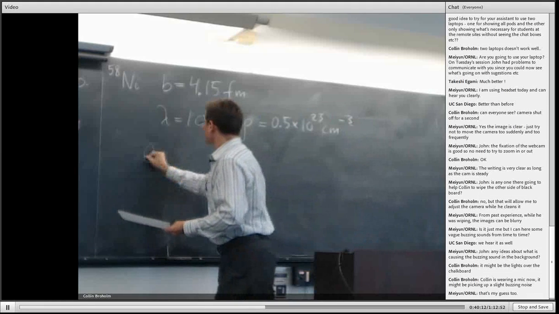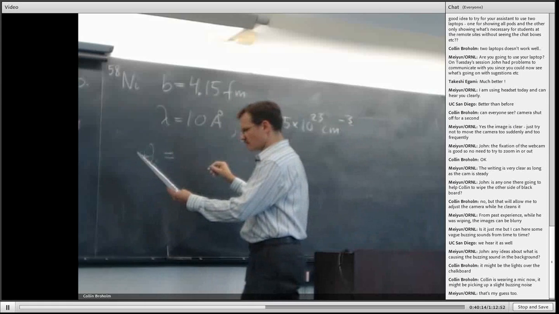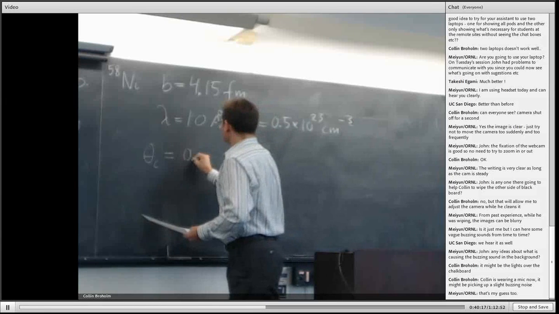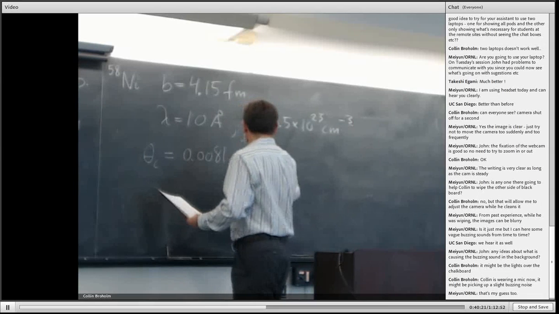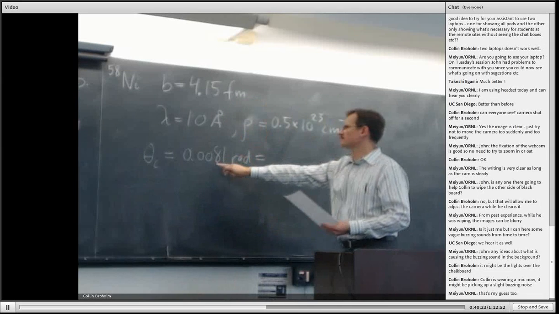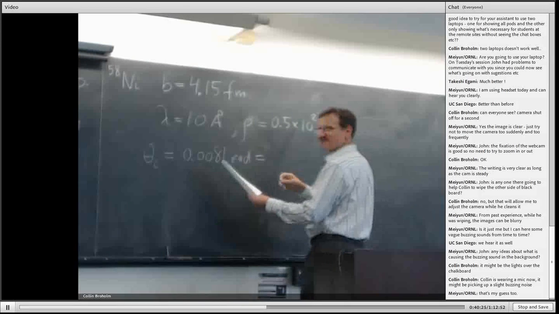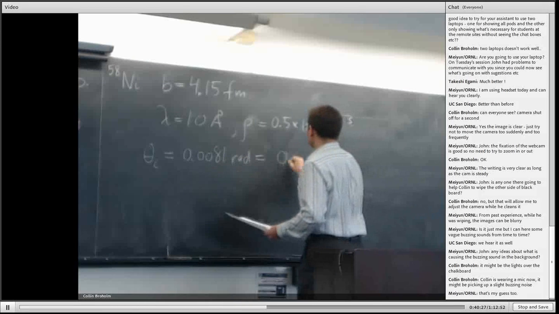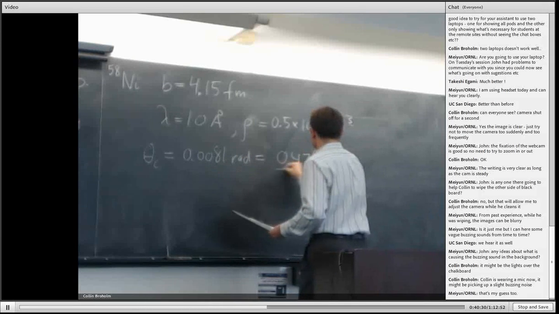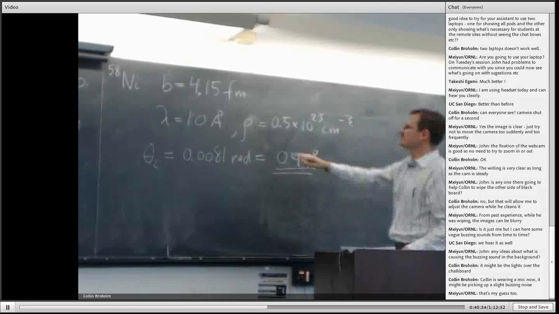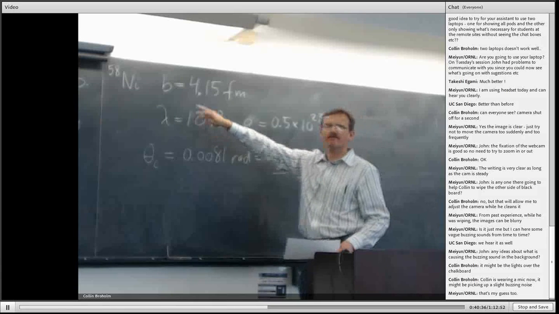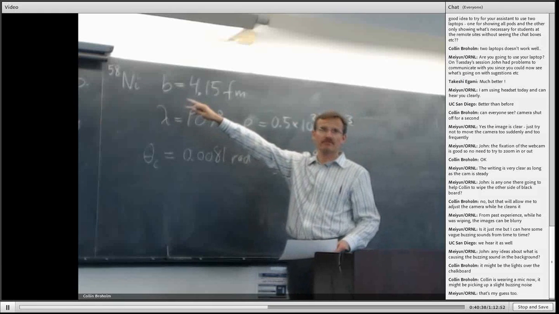I put in the numbers, and I get a critical angle of 0.0081 radians, which, when converted to degrees, multiplied by 57, which is 180 over pi, is equal to 0.47 degrees. So that's the critical angle for total external reflection of 10 angstrom neutrons off a very flat surface of nickel-58, that particular isotope.